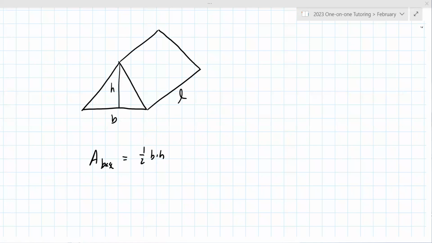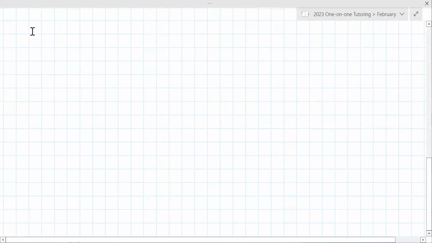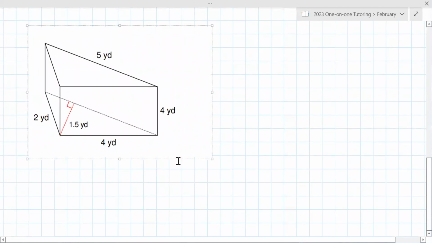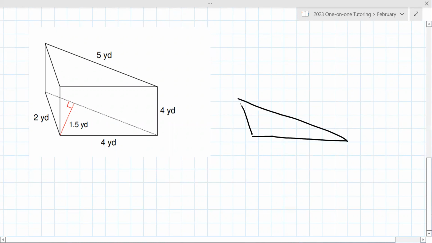I've got one here like I just talked to you about. So here we go. Sometimes it's hard to see what this is, but when I look at this object, the triangle on the bottom is the thing that's being extended.